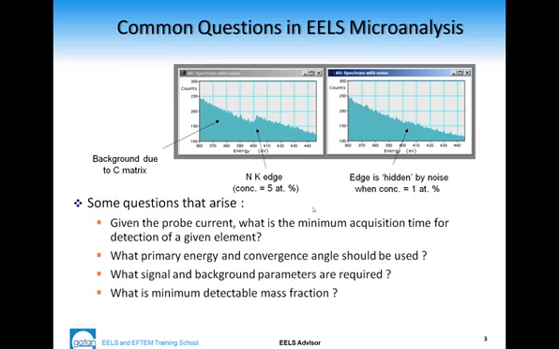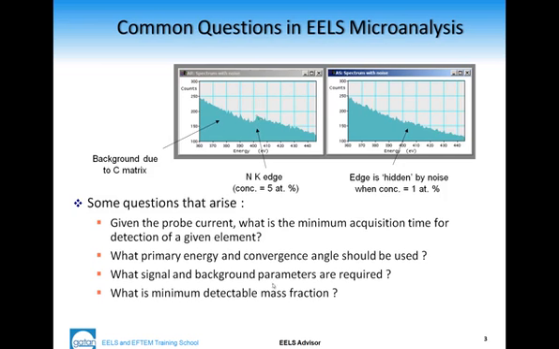So there are a number of questions that arise in this situation. One such question may be, given the probe current, what is the minimum acquisition time required for detection of a given element? What primary energy and convergence angle should be used? That is, what combination of acquisition parameters do we need to maximize this edge?